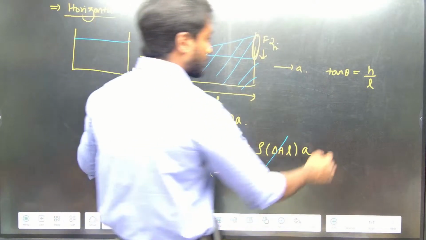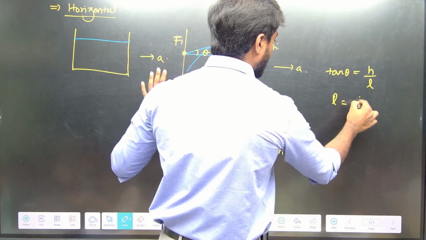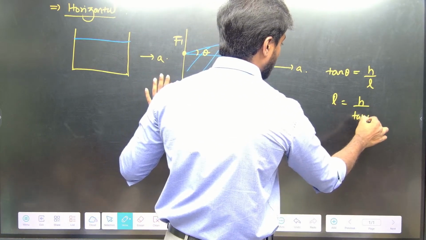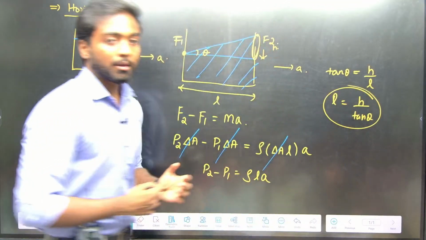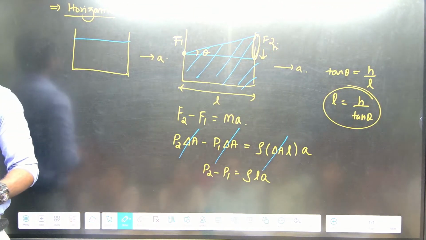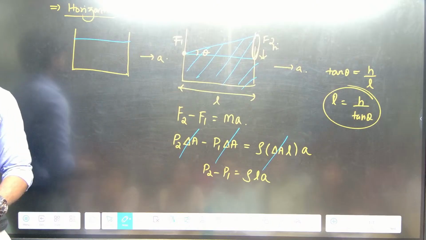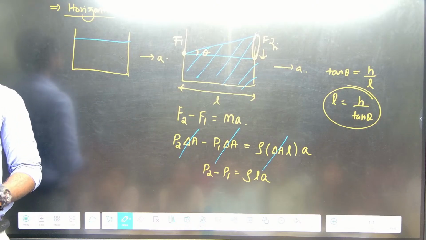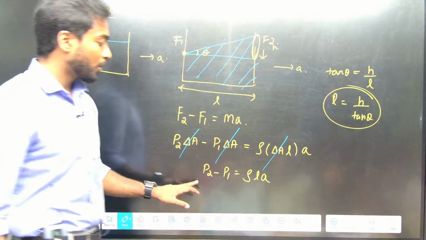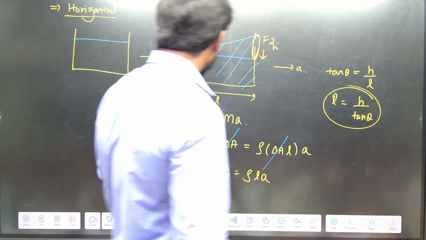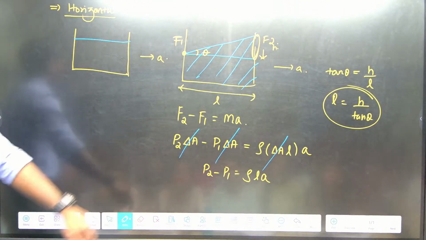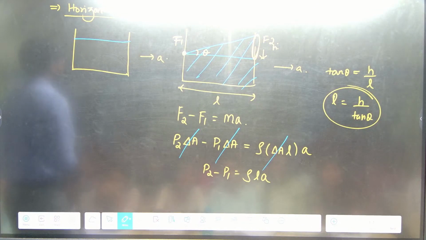So can I write L is equal to H by tan theta? Any doubt here? And can I substitute that here? This is about the horizontal, and this A is nothing but acceleration of the container. Take down.